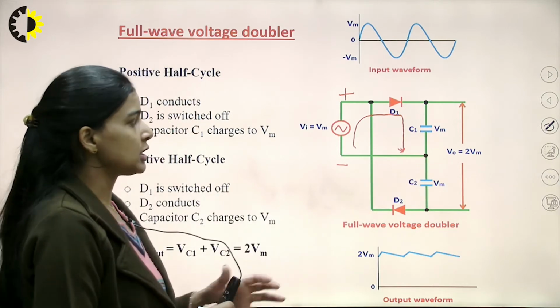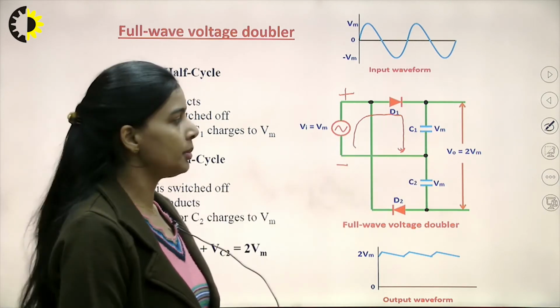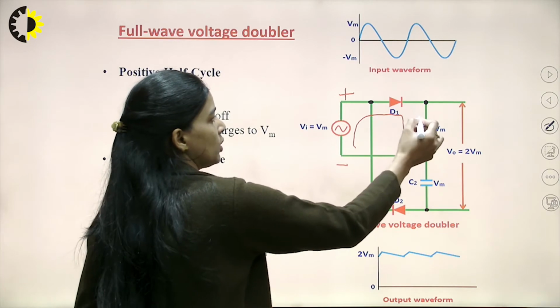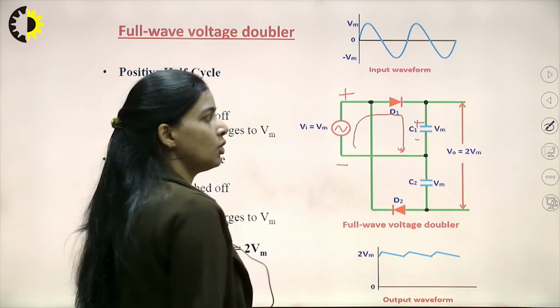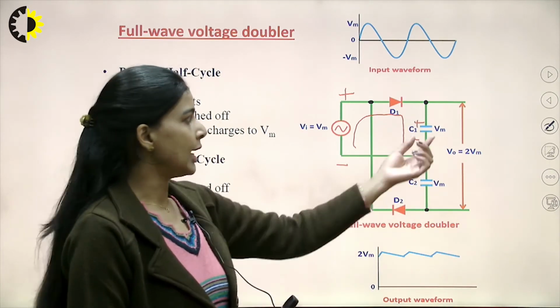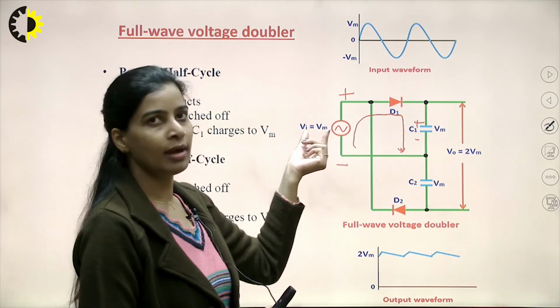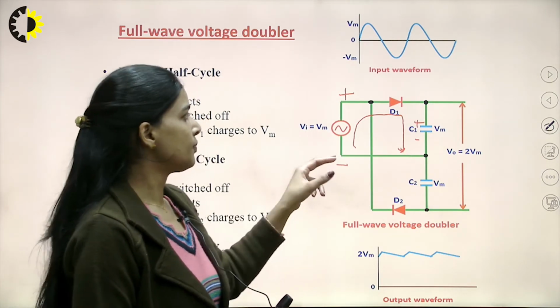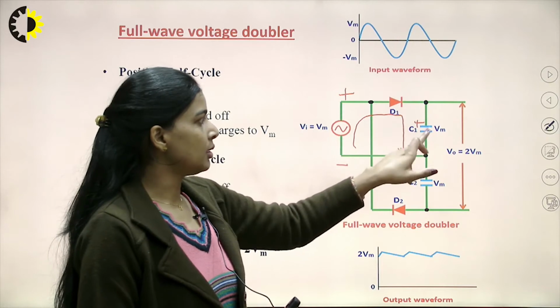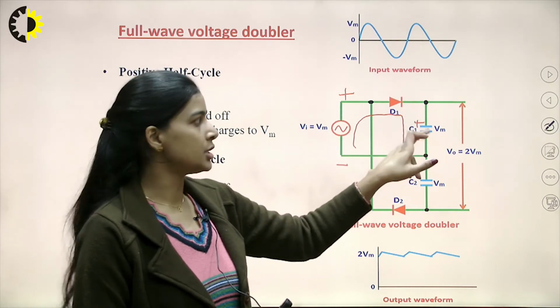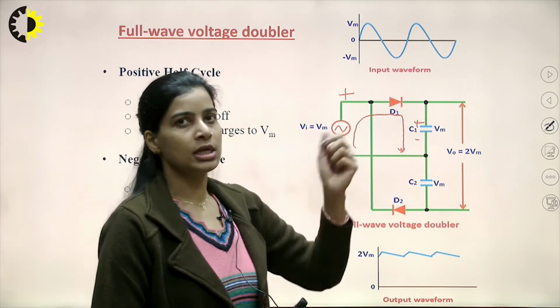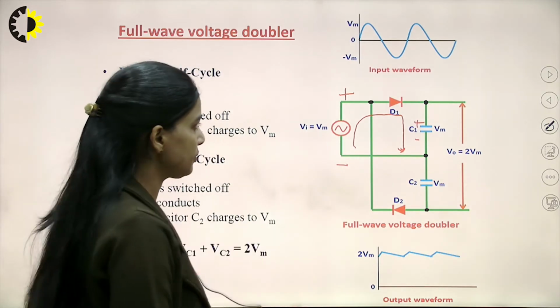So, during the positive half cycle, this C1 will be charged through diode D1 to a value Vm, that Vm is the maximum peak value of the input voltage.